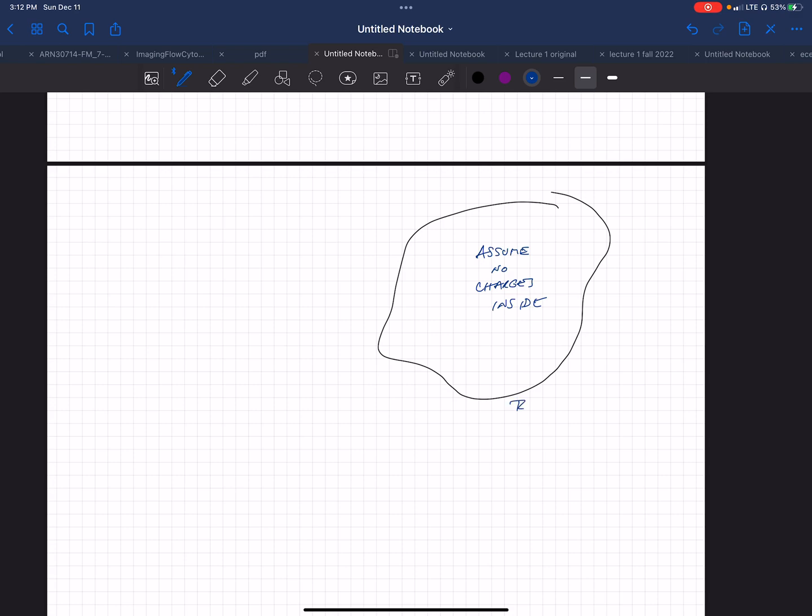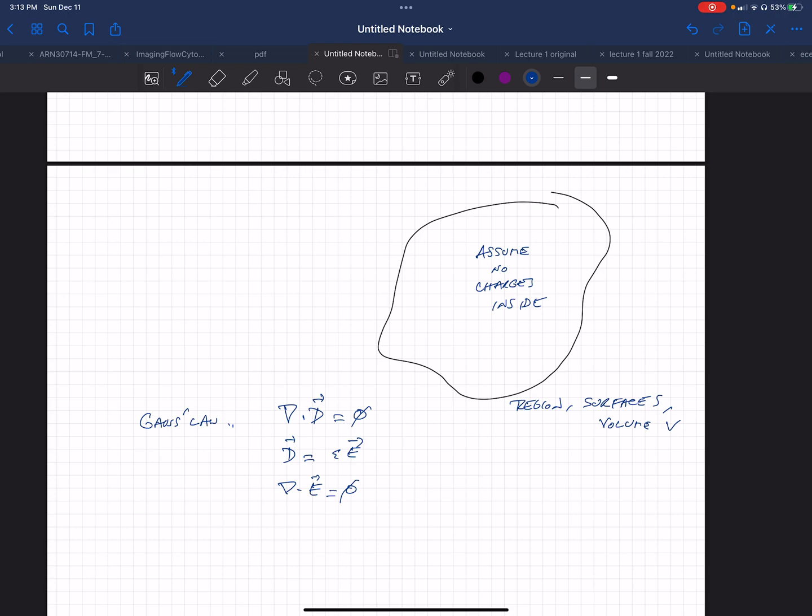So this is a region with associated surface S and associated volume V. So Gauss's law says that del dot D usually would be equal to the charge density, but because we're saying there are no charges inside, it just would be equal to zero. And D is equal to epsilon times the electric field. So del dot E is also equal to zero.